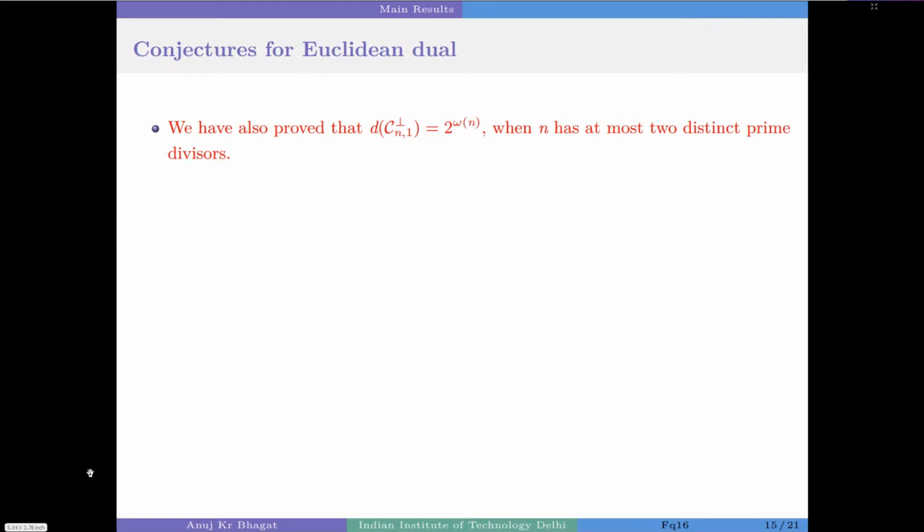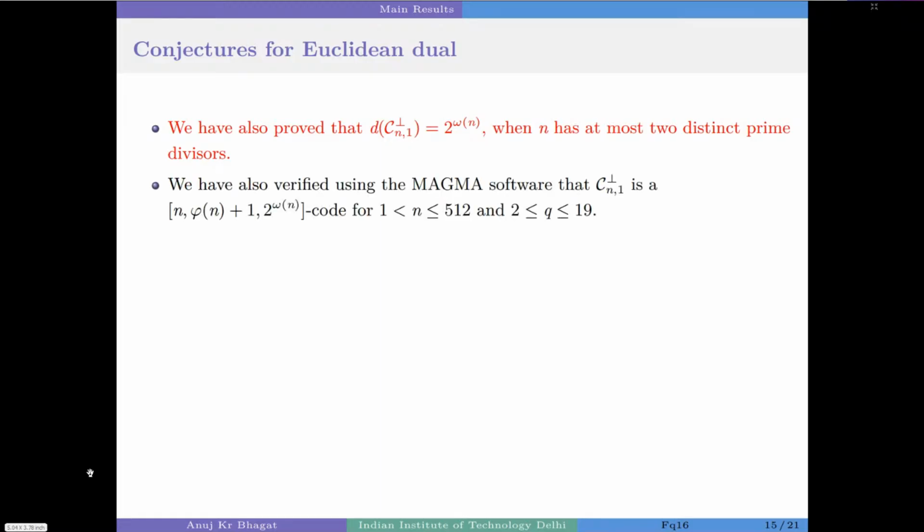In this case the distance will exactly be 4, because n has two divisors p1 and p2, so 2 to the power omega(n) turns out to be 4. But in fact, using the Magma software for n ranging from 1 up to 512 and q ranging from 2 to 19, I could check that this distance 2 to the power omega(n) is always achieved.